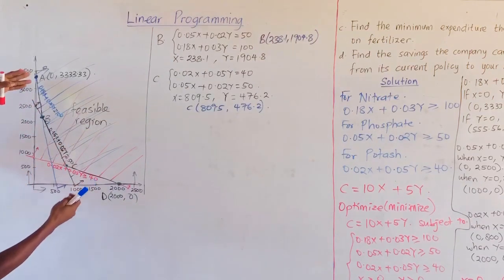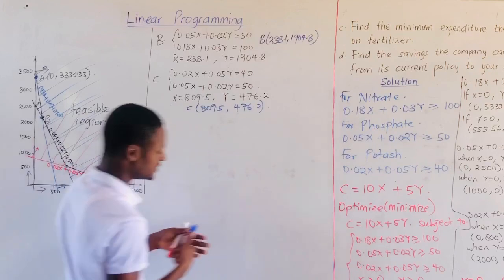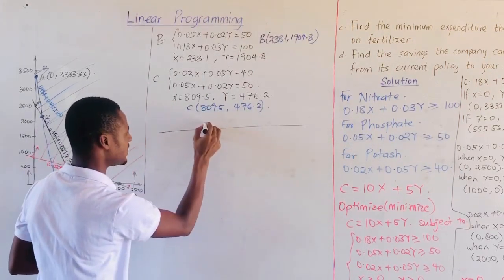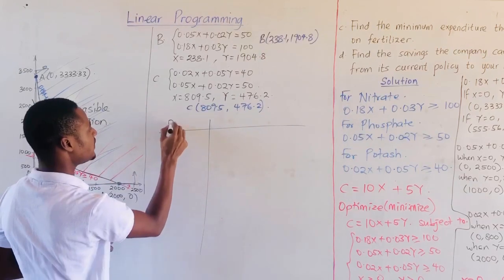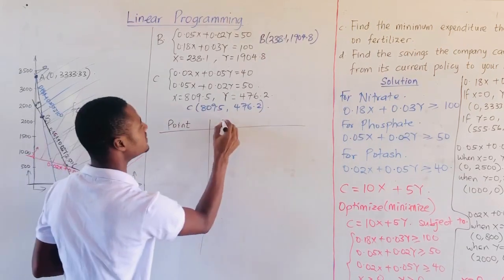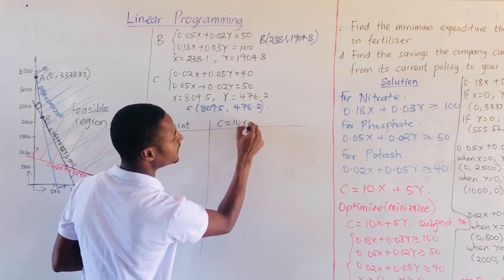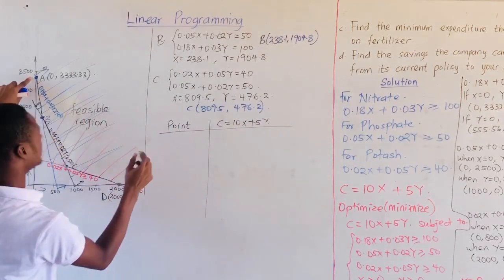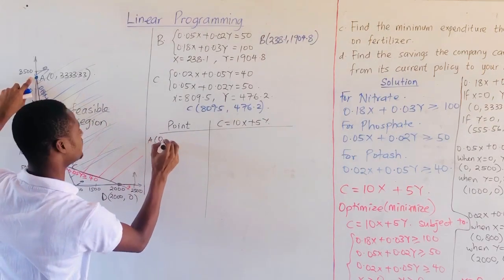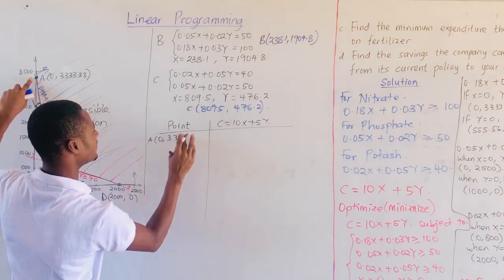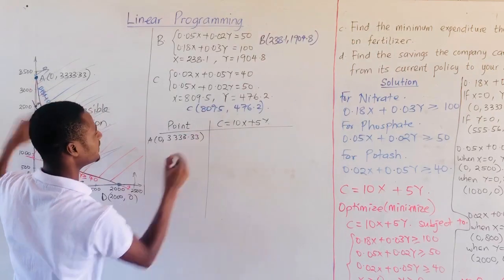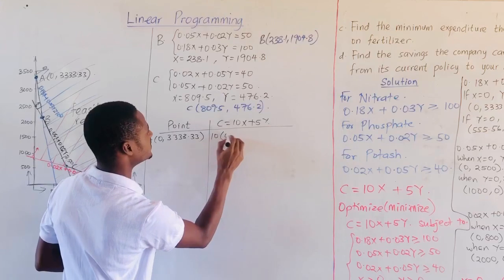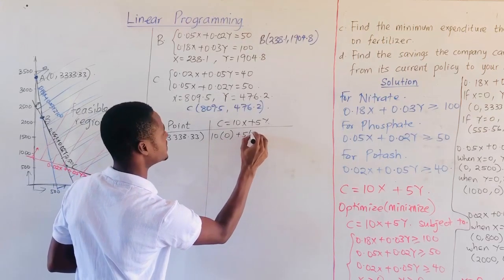Let's put that into our cost function and see the values we have. So we have the point here, and then C equal to 10x plus 5y. Let's put the point there. Point A is (0, 3333), and that gives us C will be 10 times 0 plus 5 times 3333.